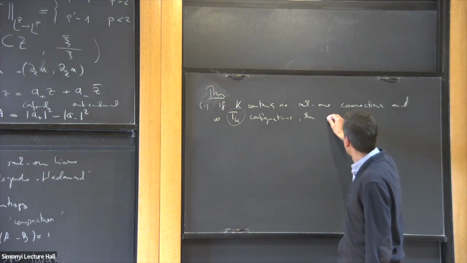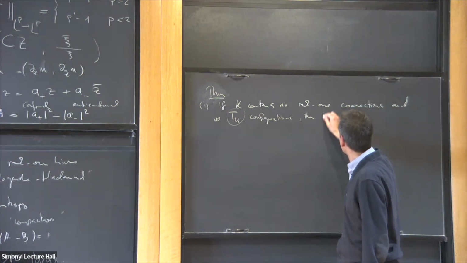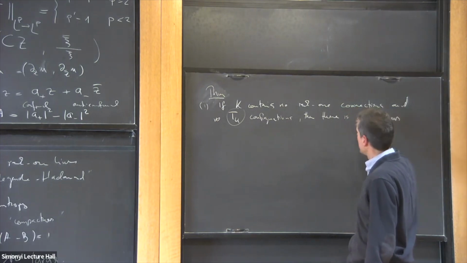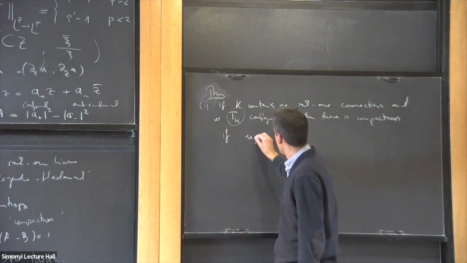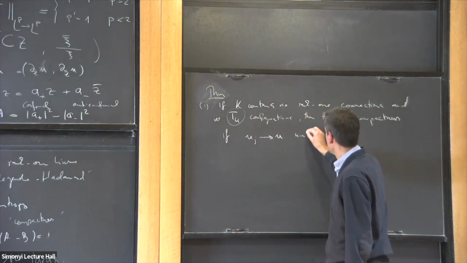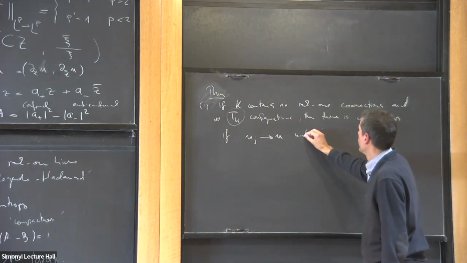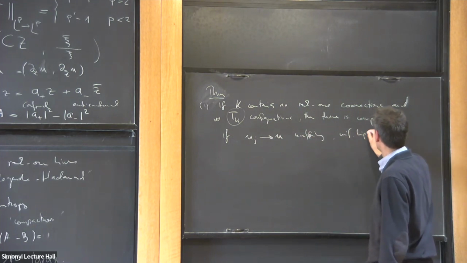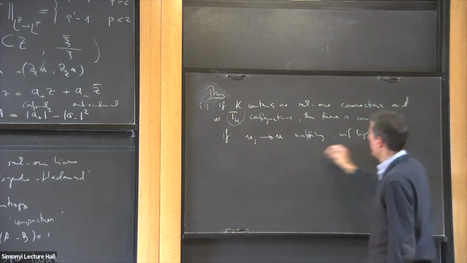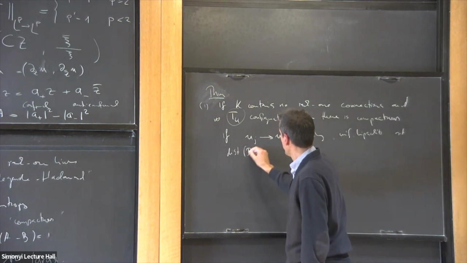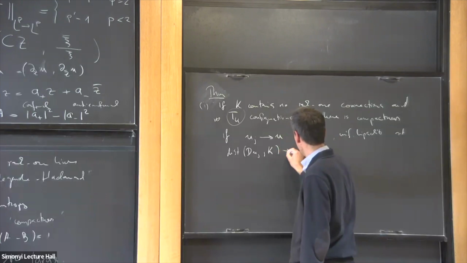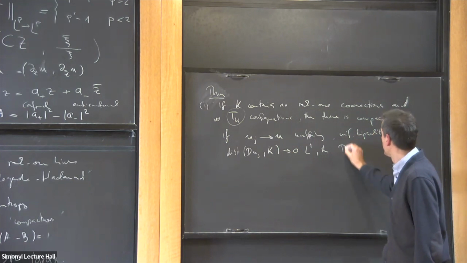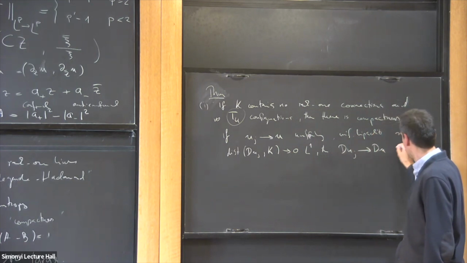Then one has compactness. So the precise statement is that if you have a sequence uniformly converging, and say uniformly Lipschitz, such that the distance of the gradients to K converges to zero in L1, then the gradients themselves have to converge.